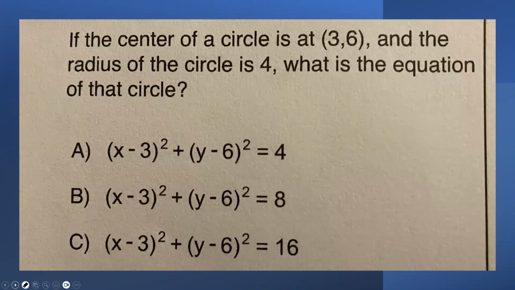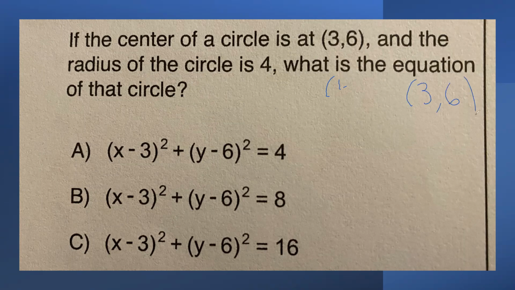Okay, if the center of the circle is at 3, 6 and the radius is 4, what is the equation? Okay, so to do that, we need to know how to write the equation of a circle. The equation of a circle is, the 3, 6, instead of being x and y, we're going to call that h and k.